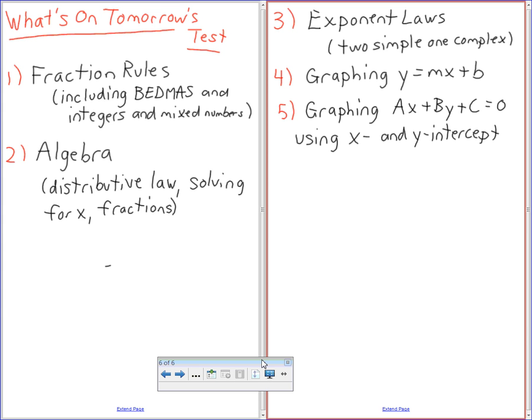Number 6 is going to be equation of a line. Point and slope, 2 points.